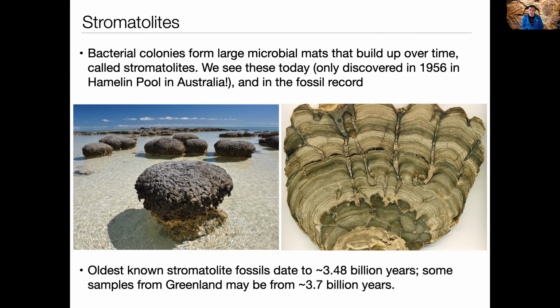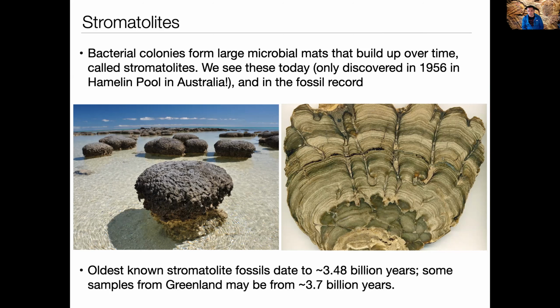So you can see the very deep layering that you see there. That is the mats building up one after the other as the bacteria grow in their colony. And then when that colony, that stromatolite, becomes fossilized, it leaves that record of the layers of mat growth in the rock. And so you can see that striation clearly there across that.